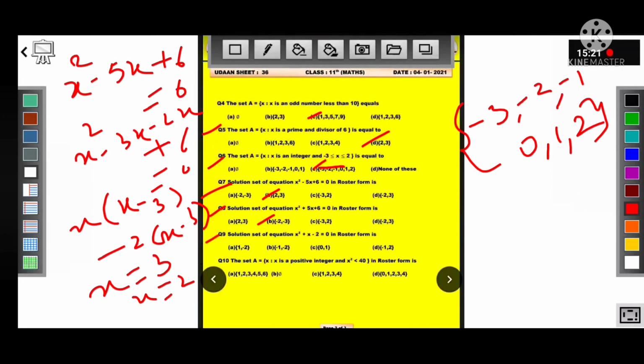Next, question number 9. The solution set of the equation x square plus x minus 2 is equal to 0 in roster form is.